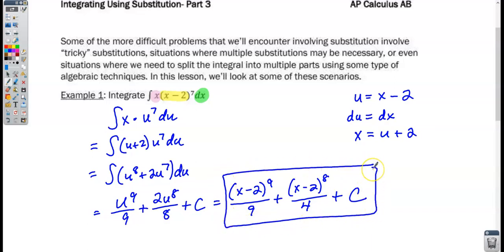And there is the integral of x times the quantity x minus 2 to the 7th power. I could manipulate that into a different form. I could factor the quantity x minus 2 to the 8th out of both of the terms if I felt like it. But since our focus in this lesson is substitution and not algebra, I'm just going to leave it at that.